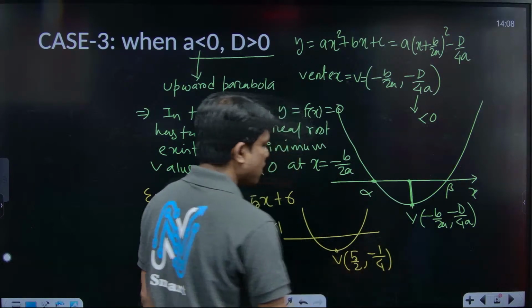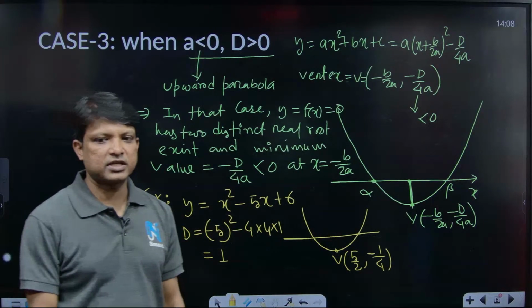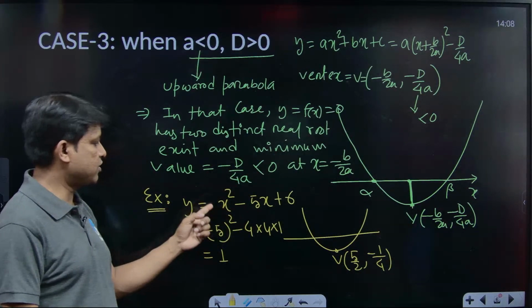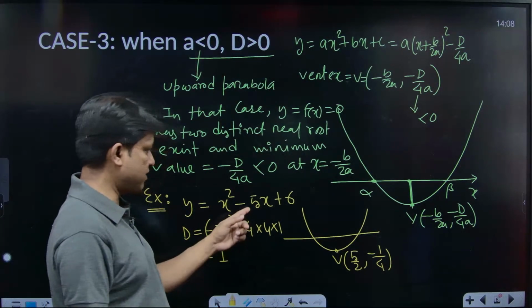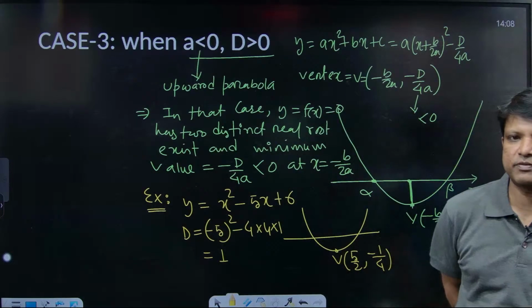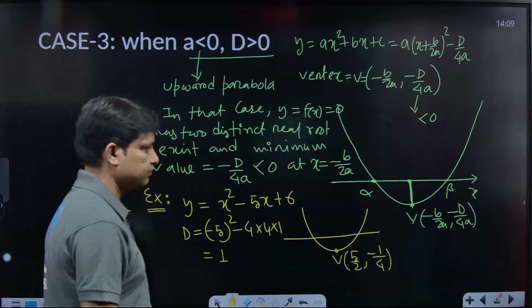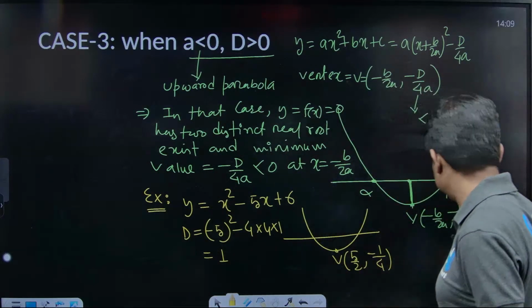The ordinate is negative, so the vertex is obviously below the x axis. Clear? For that example, the x square coefficient a is positive, so this is an upward parabola. If the discriminant is strictly positive, it has two distinct real roots and an upward parabola. Clear? Understood everyone?